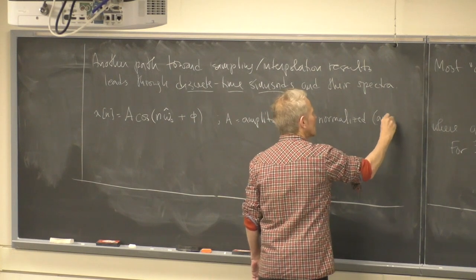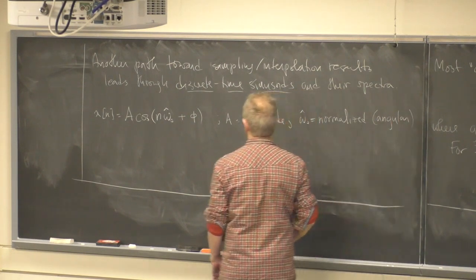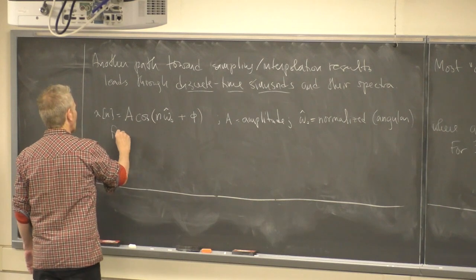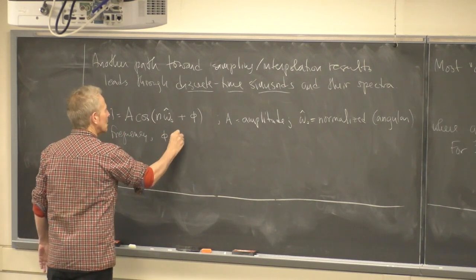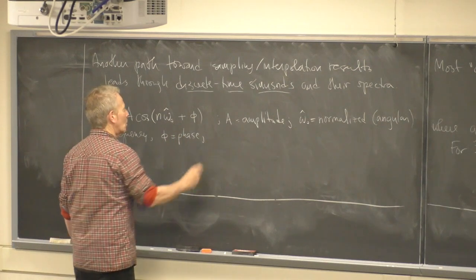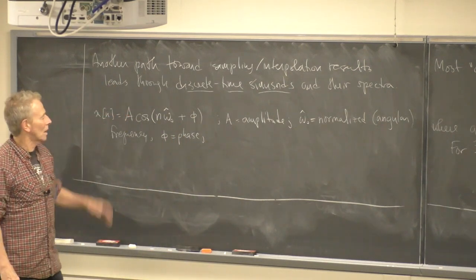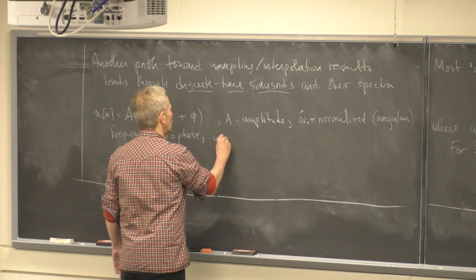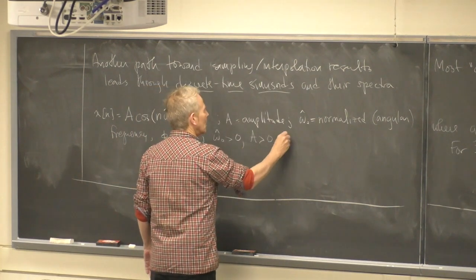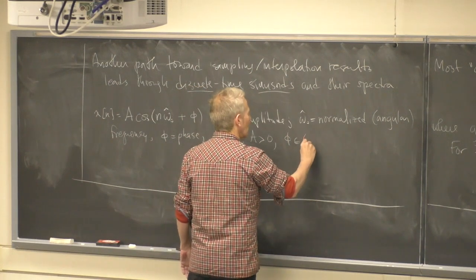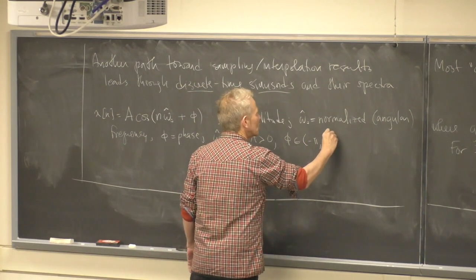And some people like to say normalized angular frequency. And phi is the phase. And what we assume here is that omega 0 hat is positive, A is positive, and phi is in the interval minus pi to pi, as usual.